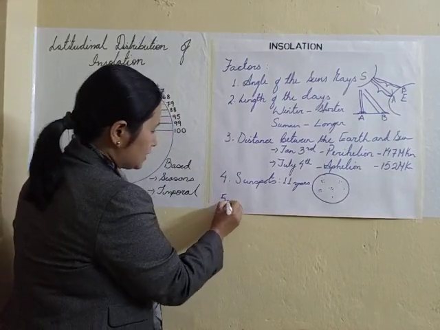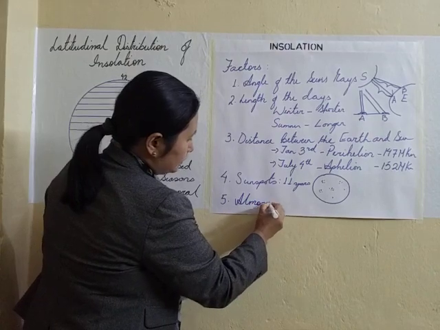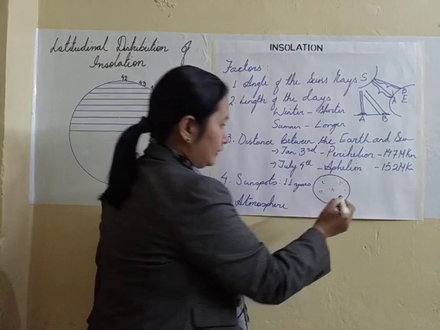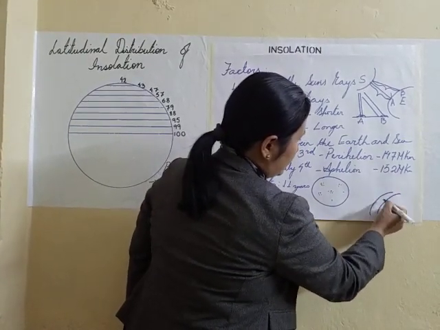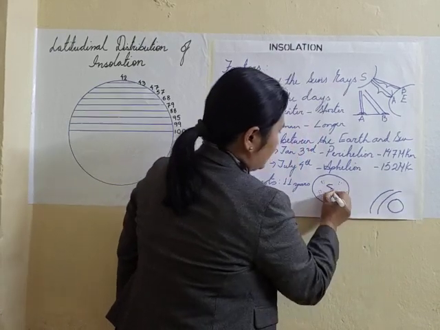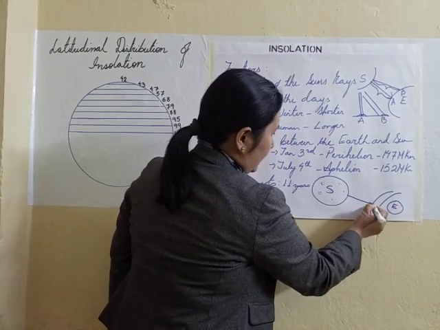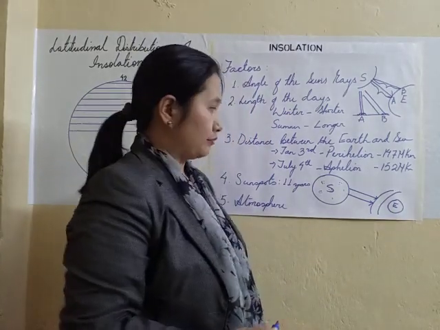And the fifth and the last factor is transparency of the atmosphere, or the conditions which are prevailing in the atmosphere. In the last class, we have seen that the atmosphere envelopes the earth. Suppose this is the atmosphere, this is the earth, and this is the sun. The sun's rays, if they have to reach the earth's surface, have to pass through the atmosphere.